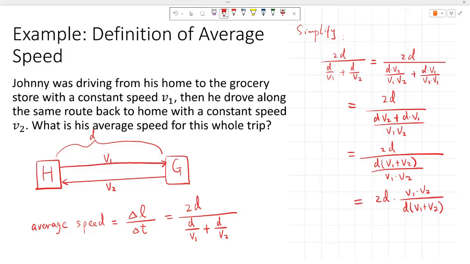And I hope you see that here the d's cancel as we expected, right? So at the end of the day you get 2 times v1 v2 over v1 plus v2. Let's put this here as our final answer: 2v1v2 over v1 plus v2.